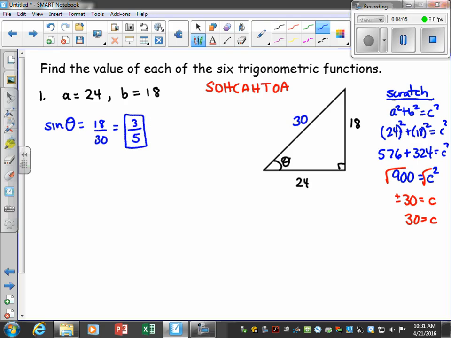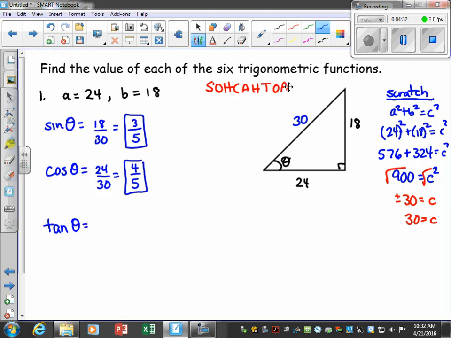Okay, next let's do cosine theta. That is just going to be adjacent over hypotenuse, so that would be 24 over 30. Simplify that, it reduces to 4/5. Let's move on to tangent of theta.